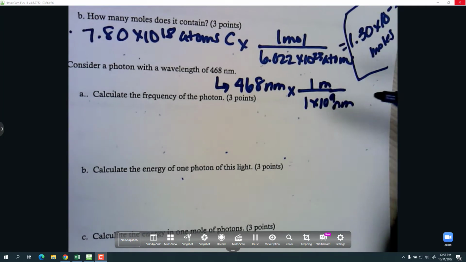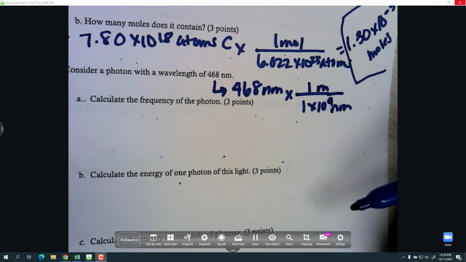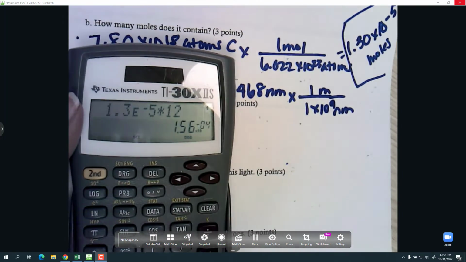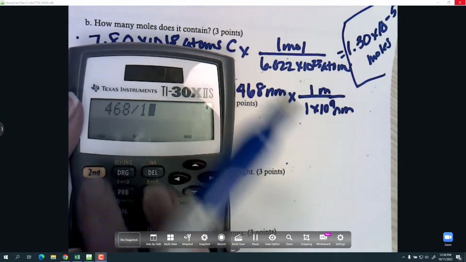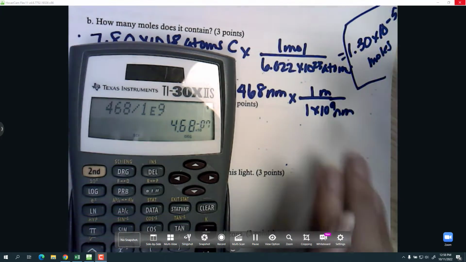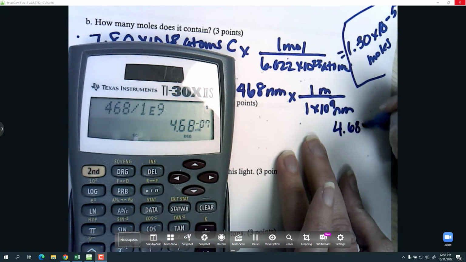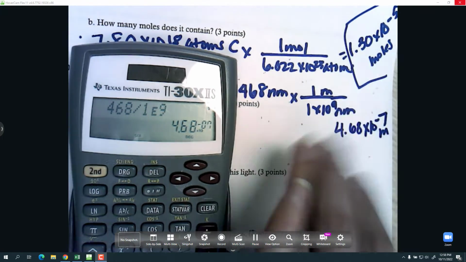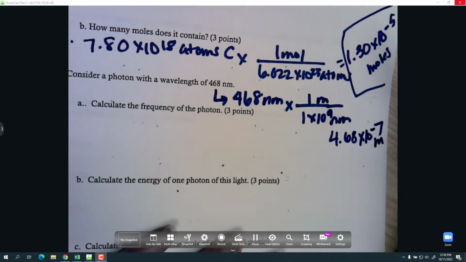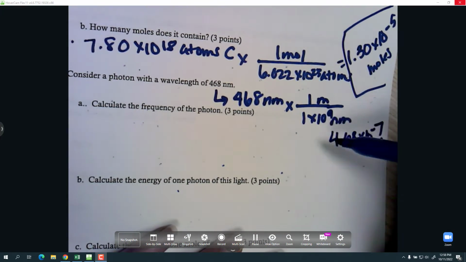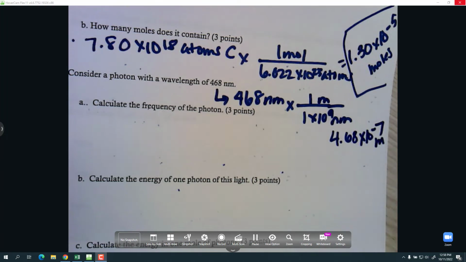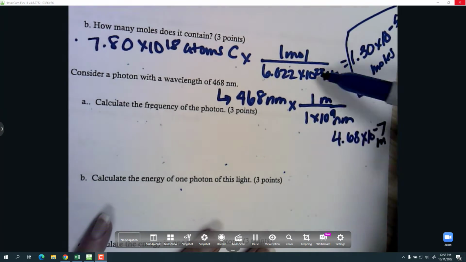A couple of things I'll say here. The conversion factor can look different if you get the same answer as me. So 468 divided by 1 times 10 to the 9th, I get 4.68 times 10 to the minus 7th meters. If you put 1 times 10 to the minus 9, that's fine, as long as it went with the meters, so you could multiply by that. There are a lot of nanometers in 1 meter.